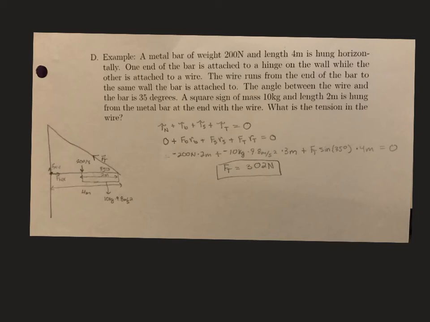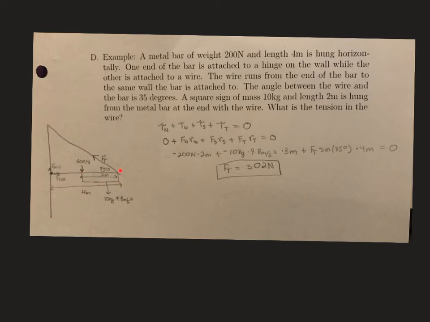Next we are going to deal with the sign. Now the sign, you're given the mass, so we have to multiply by 9.8 to get the weight. The sign is 2 meters long, and it's at the one end of the bar closest to the wire. So we're going to apply the weight of the sign at the center of the sign, since it's also a homogeneous symmetric object.